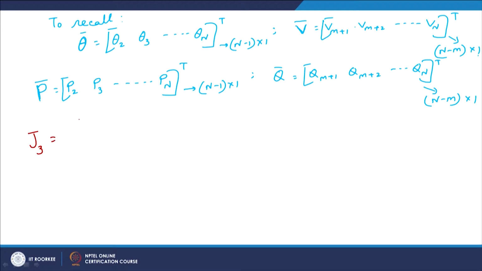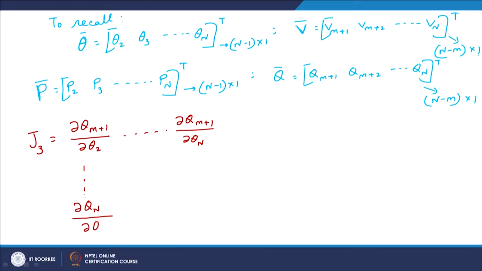J3 is del Q m plus 1 by del theta 2, up to del Q m plus 1 by del theta n, dot dot dot, del Qn by del theta 2, up to del Qn by del theta n.